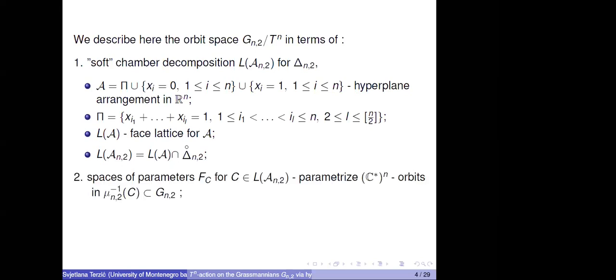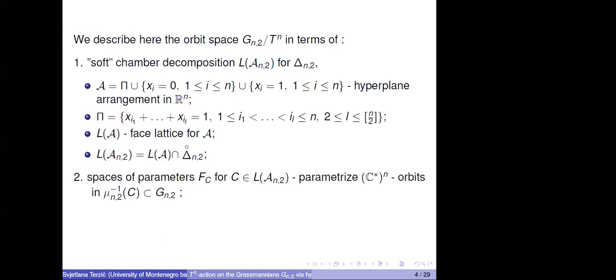The second ingredient we use here is the spaces of parameters. These are topological spaces that can be assigned to any chamber, say a soft chamber, from this decomposition of the hypersimplex Δ_{n,2}, and these spaces parameterize the C* orbits.